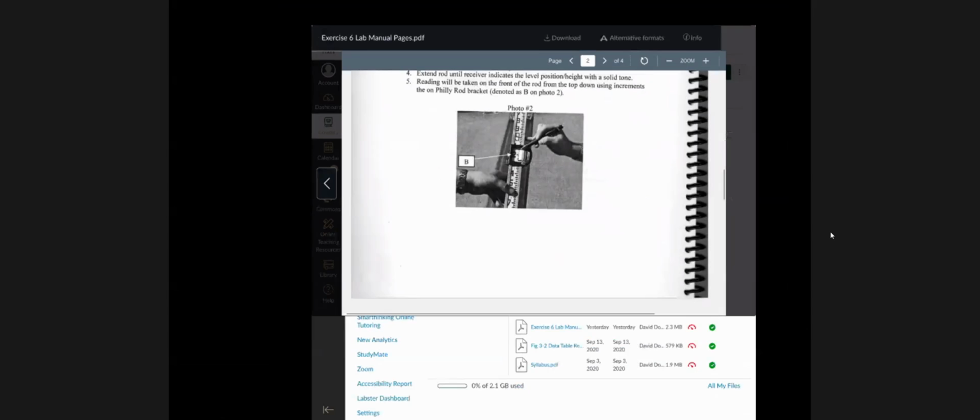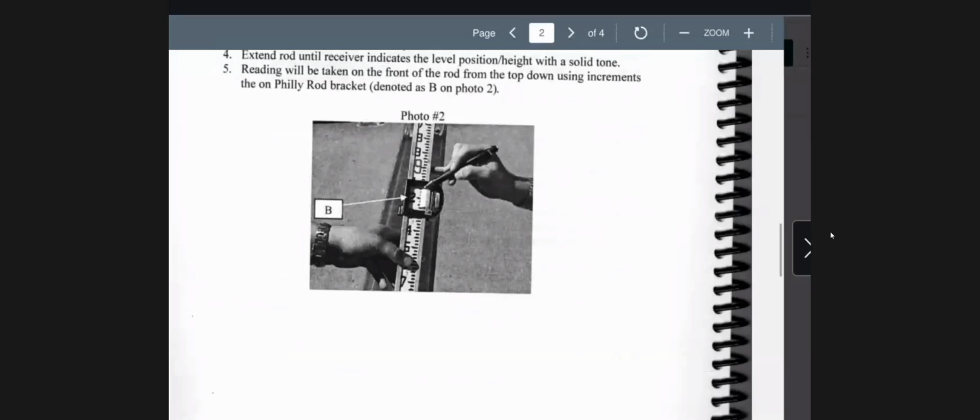So that's how you take your backside, and you will need to use this same procedure on your first 2 foresight measurements on the bridge, because remember, the bridge is crowned.